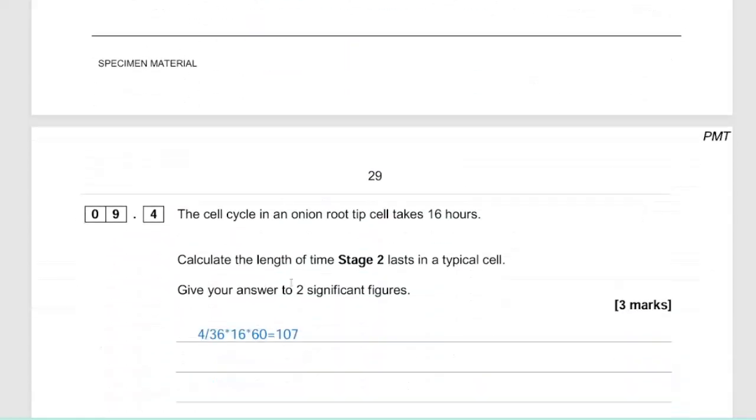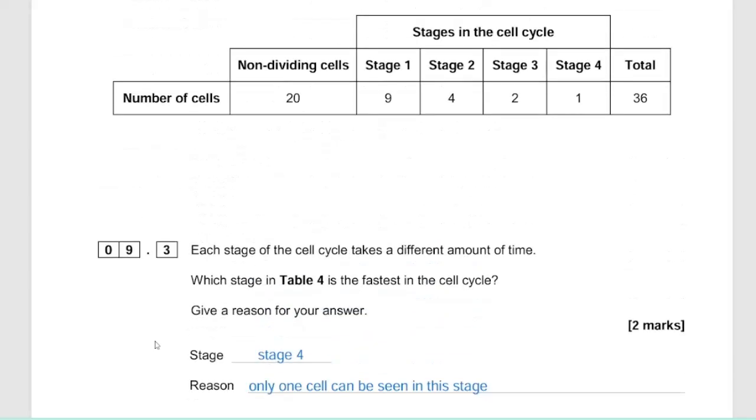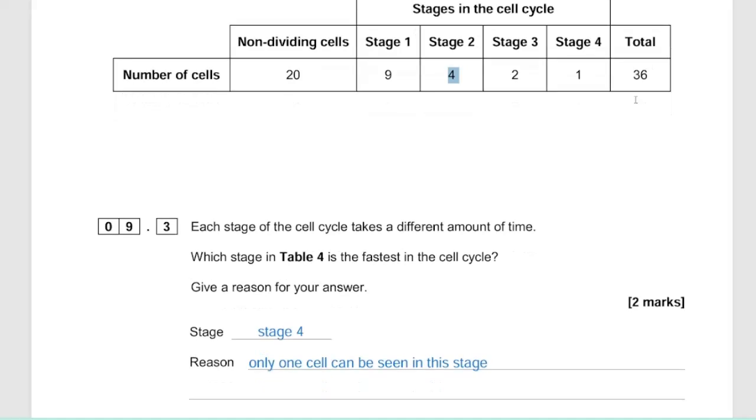The cell cycle in an onion root tip takes about 16 hours. Calculate the length of time stage 2 lasts in a typical cell. Give your answer to two significant figures. Now, as I said, if you think about it as proportion of time spent, it spends 4/36 of its time in stage 2.